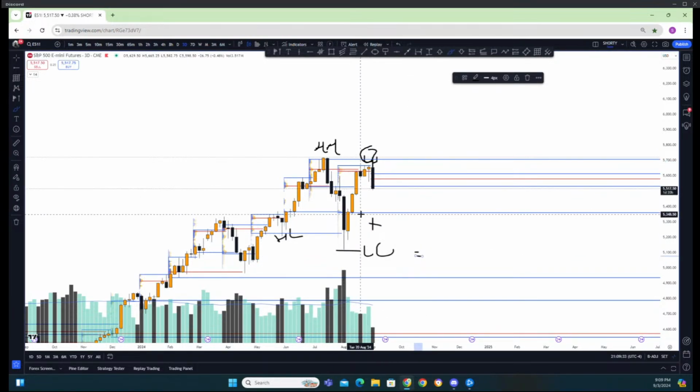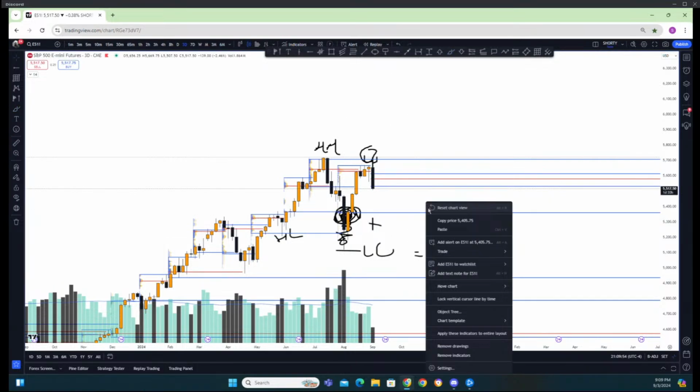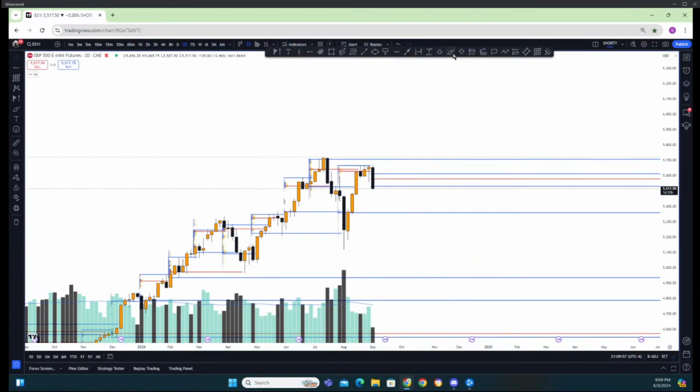If this low was up here, let's say this candle's low stopped right here, what would you have then? It would be a higher low, which would mean what?